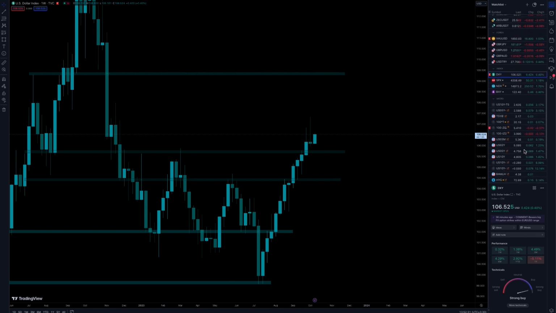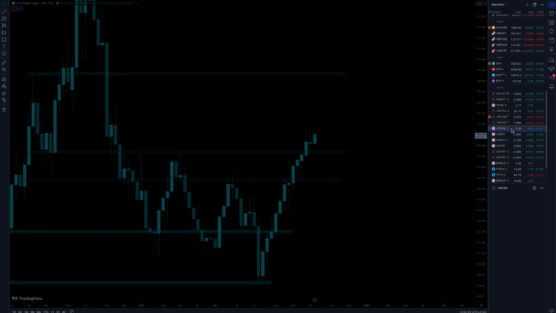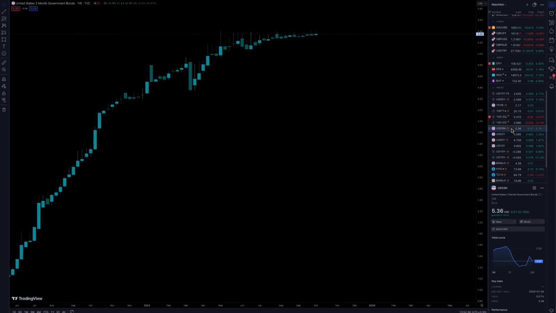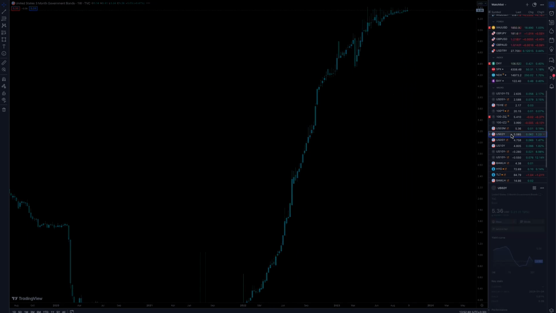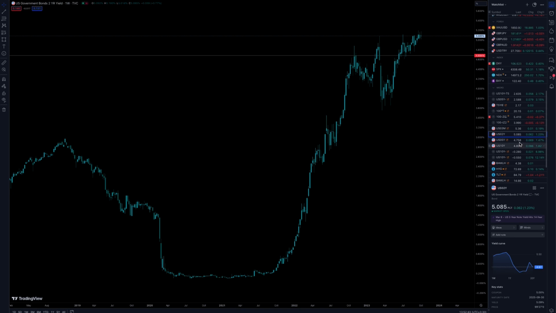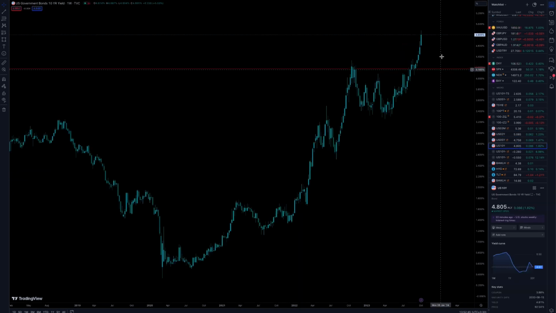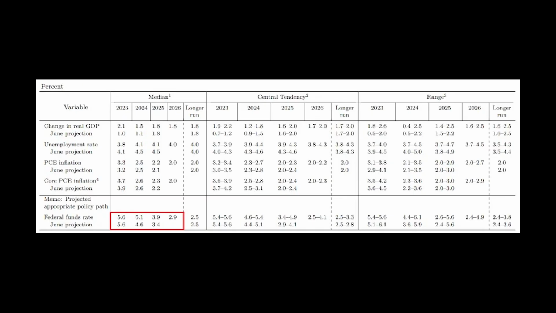And also, let's check the government bonds. This is 3-month government bonds. As you see, it's at the highest level. 2 year still at the highest level, and also 10 years at its highest level. The point is, the Federal Reserve projection for the future is mostly keeping the rates at the same level that we are at now.